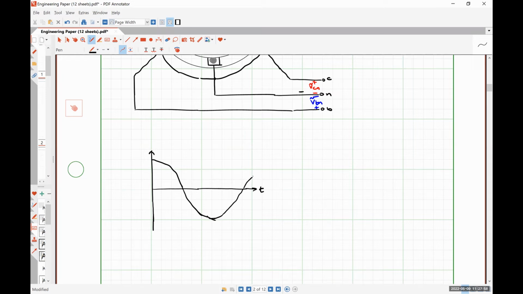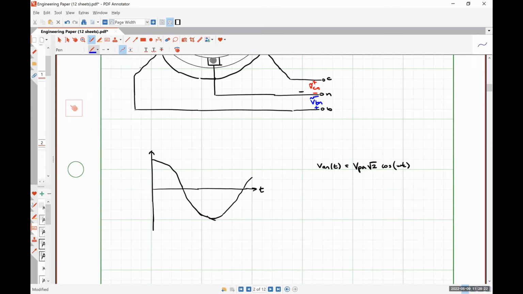So this black curve is supposed to be representing VAN of t. Well, this will be VPA times the square root of 2 times the cosine of omega t volts.